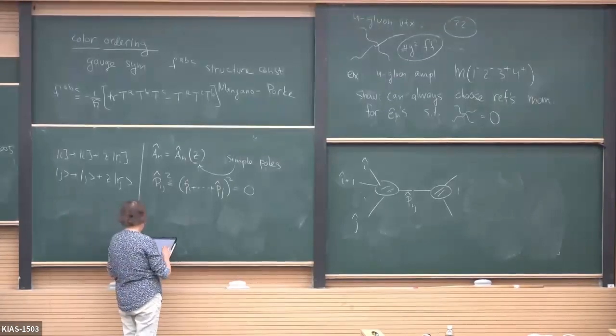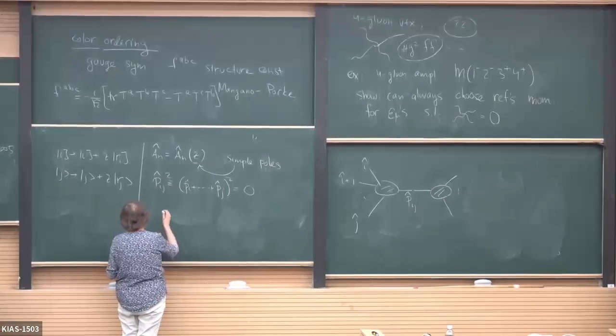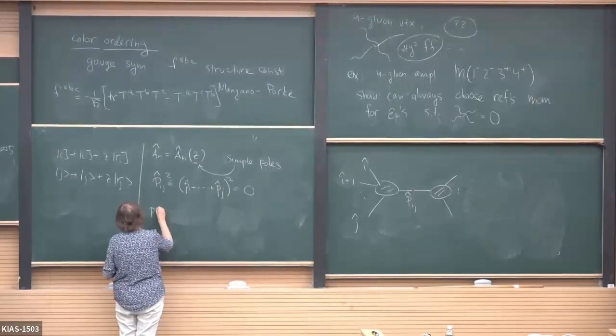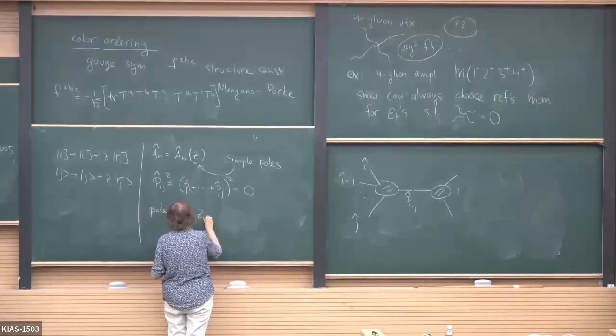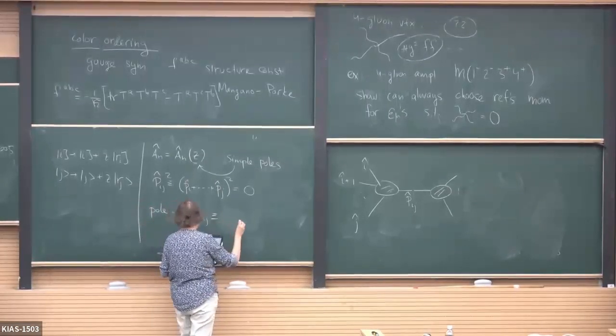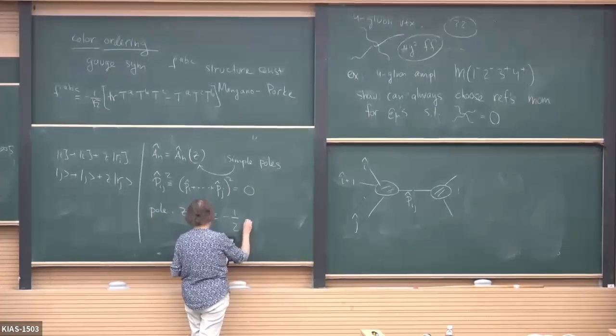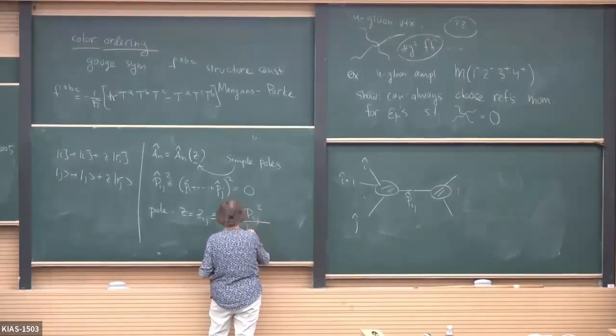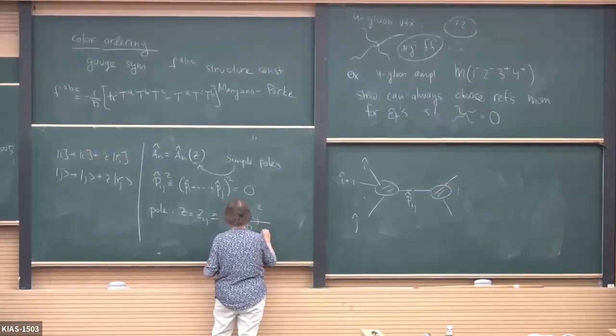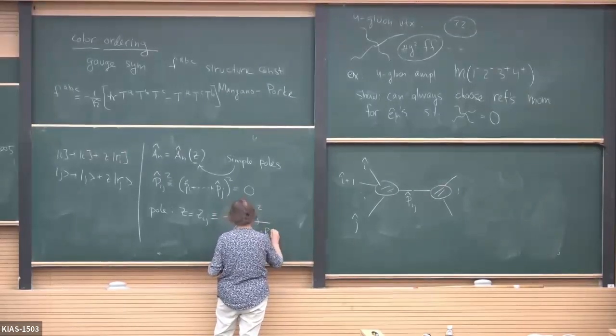And where's the location of the pole? The pole is going to be at z equal to z_ij, which is given by minus 1/2 P_ij squared divided by P_ij dot R_ij.